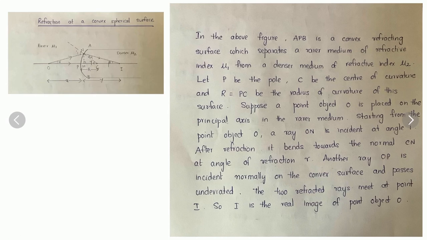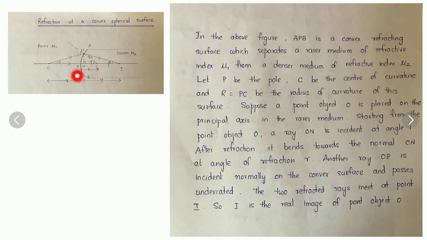Now let's go and see these details again. In this figure, APB is the convex refracting surface which separates a rarer medium and a denser medium. Rarer medium has a refractive index mu1 and denser medium has a refractive index mu2.